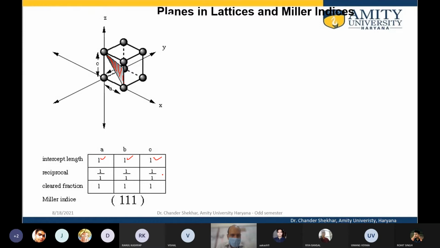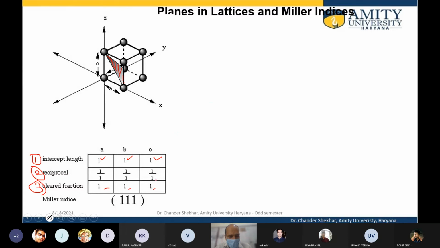To calculate the Miller indices, there are three steps to follow. First, determine the intercepts, take the reciprocal, and clear the fractions, and the result of clearing the fractions gives the Miller indices. In this case it is straightforward. 111 is the intercept, the reciprocal stays the same, and then the Miller indices are also 111 in curved brackets.